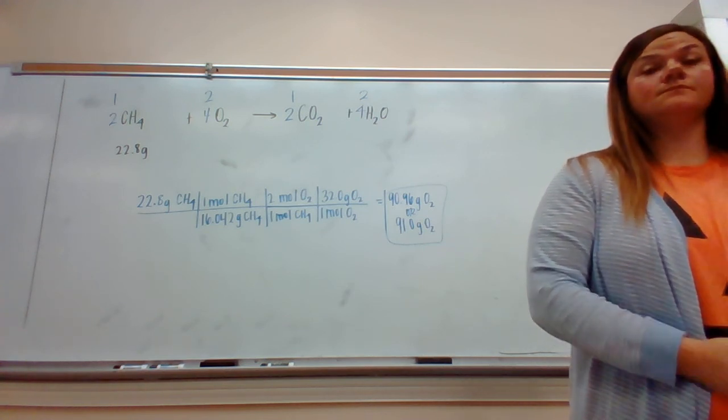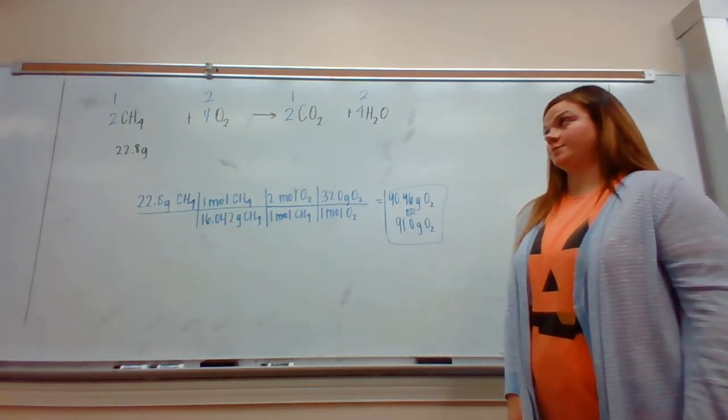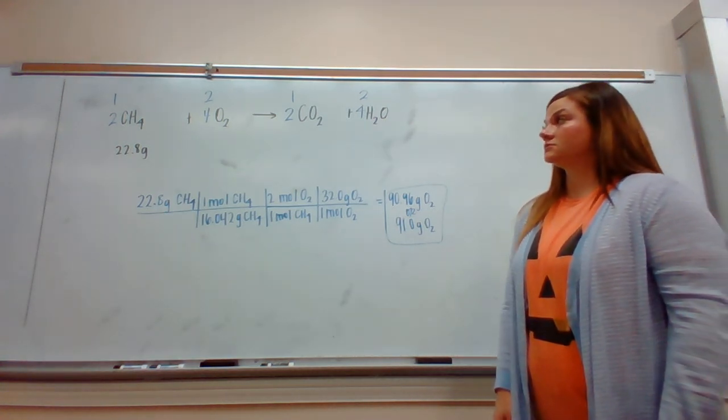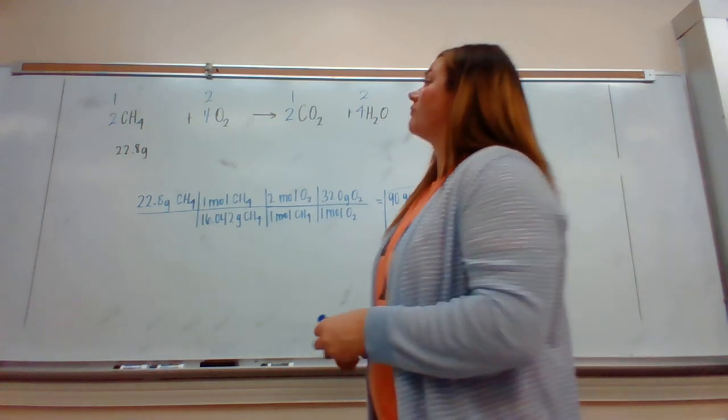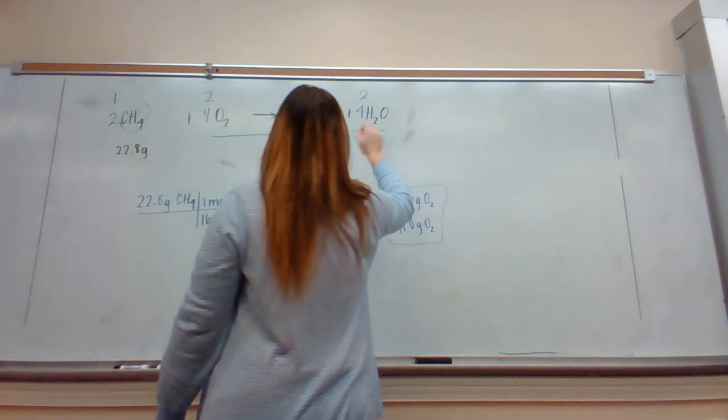That's how much oxygen is needed to react with the 22.8 grams of methane. And you said combustion reactions are always methane and oxygen yielding carbon dioxide and water, right? The reactants will vary, but the products stay the same. I got you.